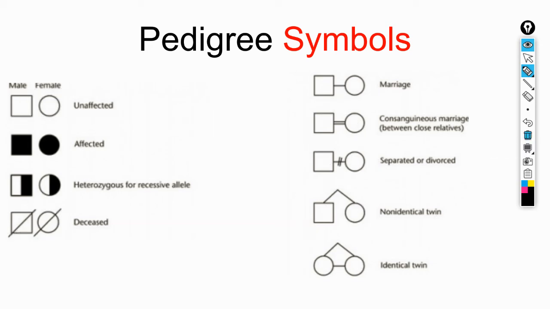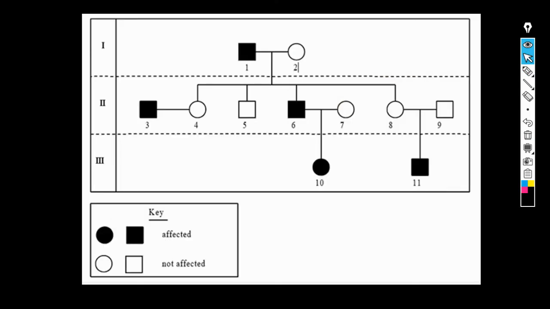So we're going to take a look at one of these. You guys are going to have some practice problems to do on these as well. We have squares, we have circles. Some of them are shaded, some of them are not. The first thing we're going to decide is that this is a recessive genetic disorder.